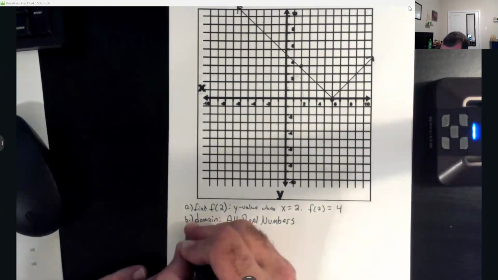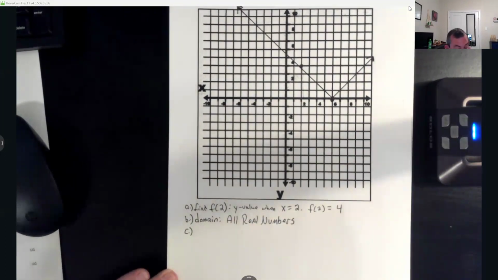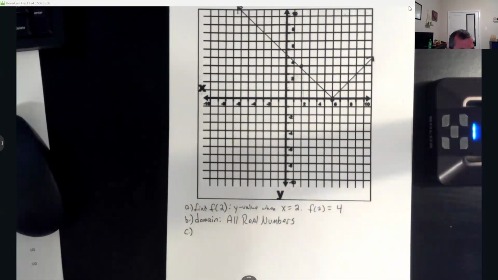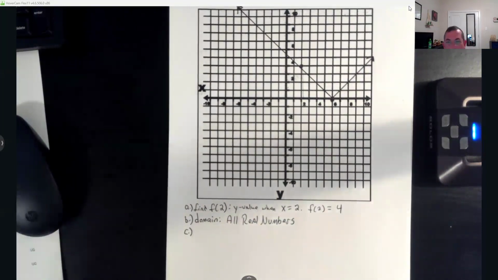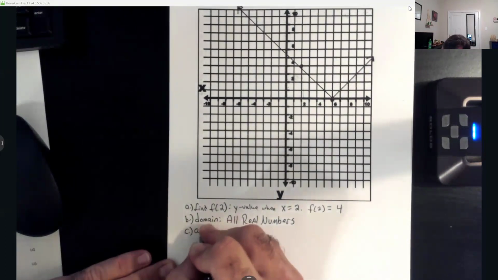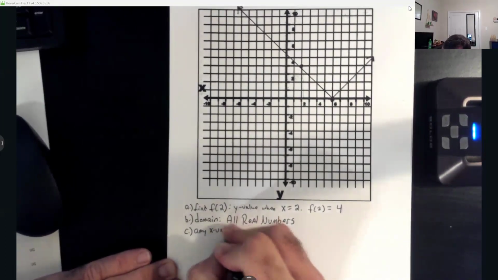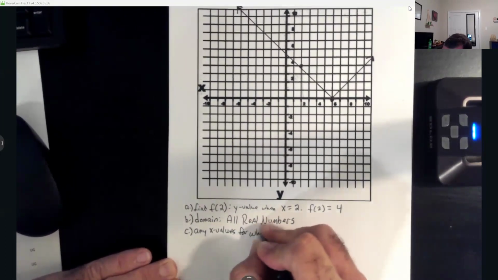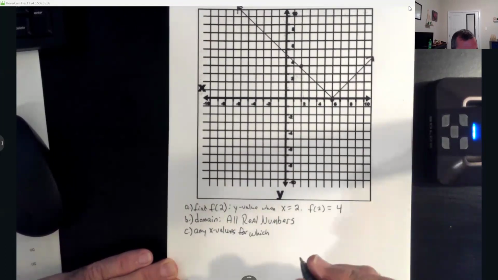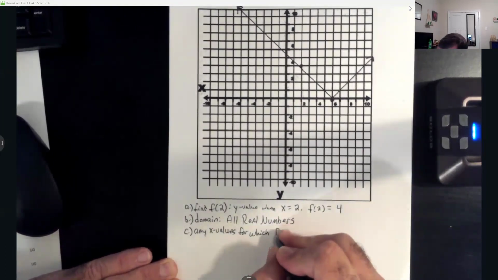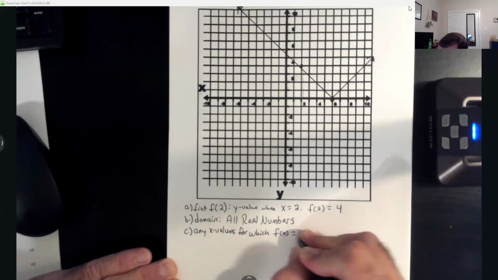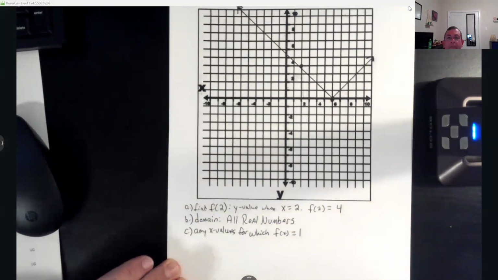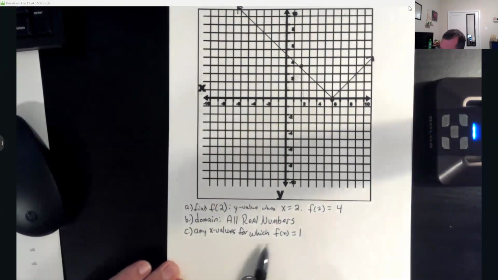All righty. For C on this one, they want any x values for which f of x equals 1. All right, so remember what we're looking for now.